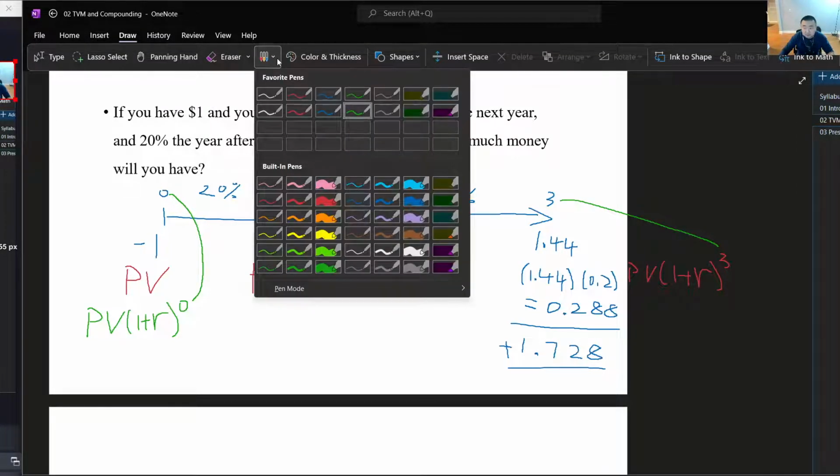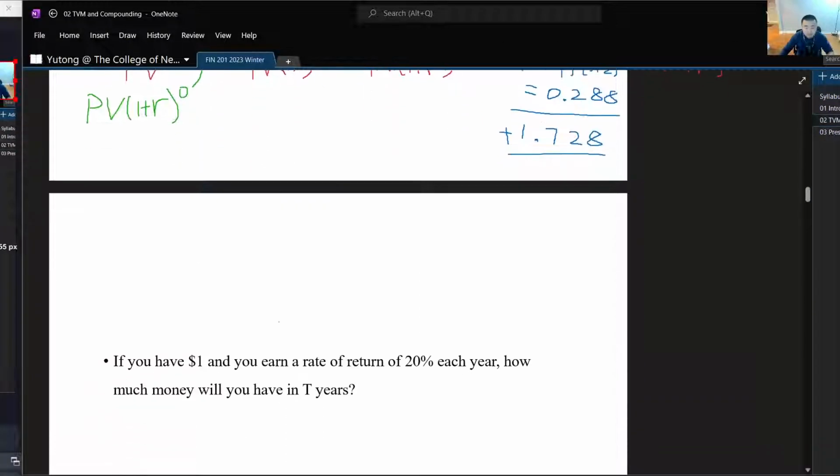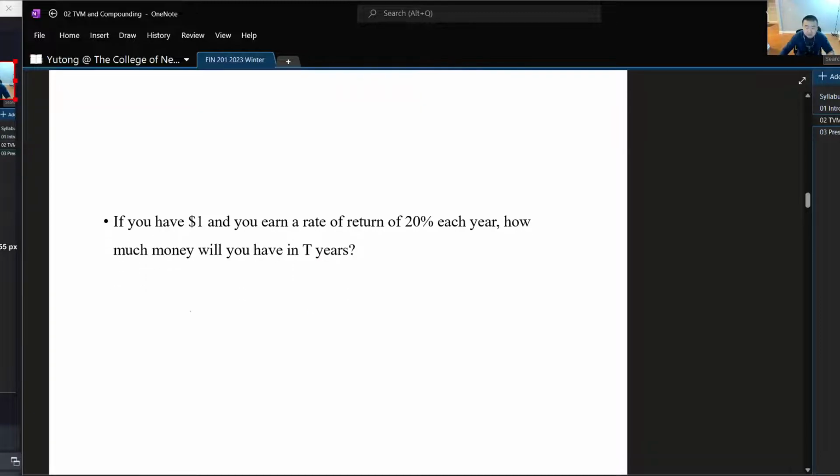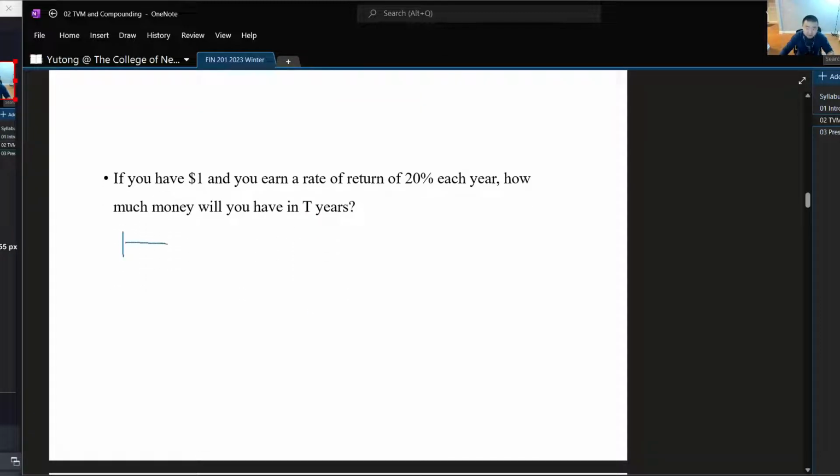So we can try to make it a more general term where we have a year t. So basically t years later. So we are standing at time 0. So 1, 2, 3, 4, and the t. So if I put $1 in, how much money should I get with a 20% return?